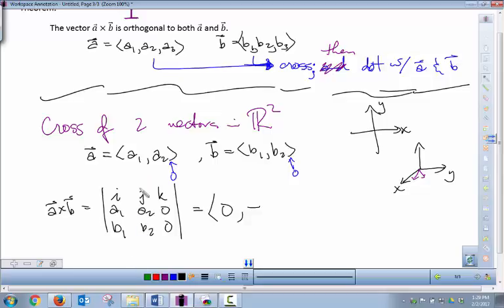In the j direction, I cross out the second column, A1 times 0, B1 times 0, so that's 0 again, negative 0, same thing. And in the k direction, this is the only one that's really going to matter: A1 B2 minus A2 B1. Provided they're not all equal to 0, this would be your only non-zero term. So it's 0, 0, some number, a vector that goes straight up or straight down.